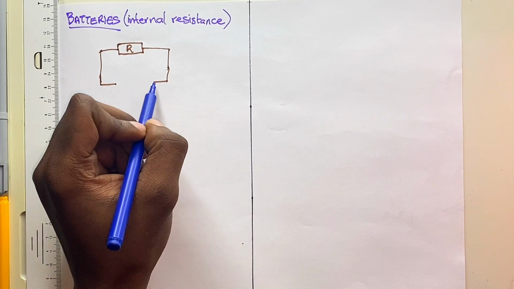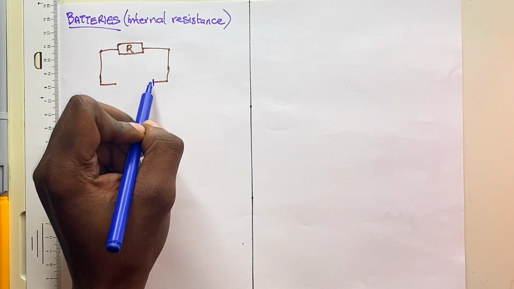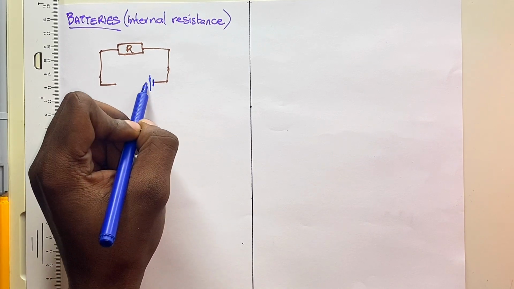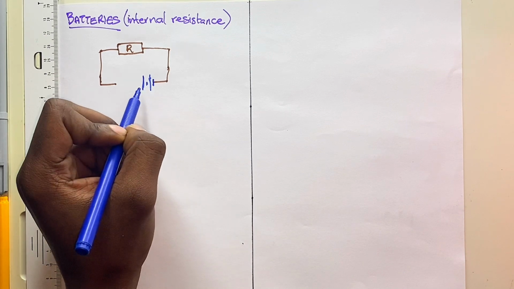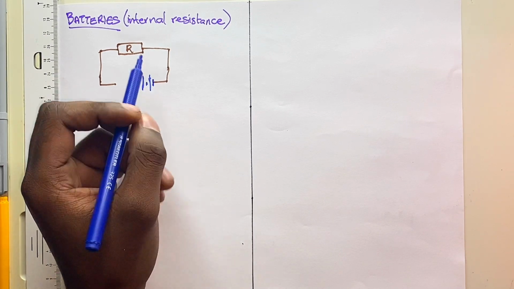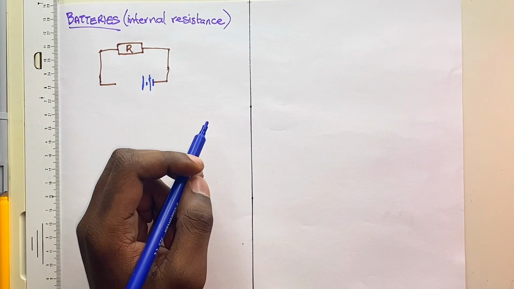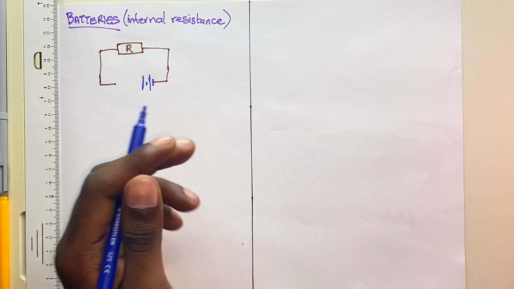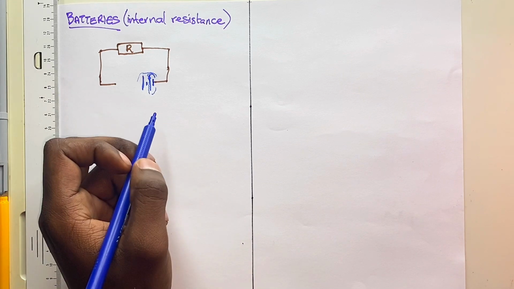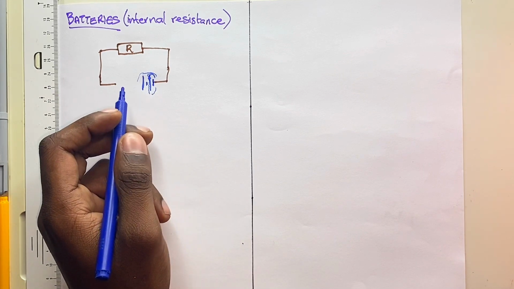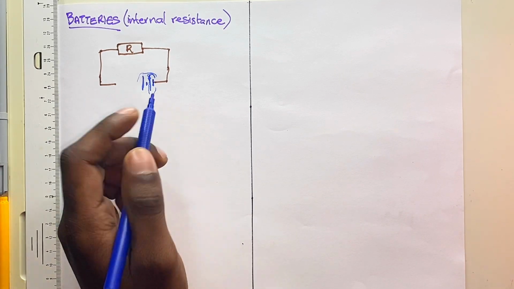In this, I will draw two cells. That's one cell, and that will be my second cell. They consist of one or more cells, each containing an anode, a cathode, and an electrolyte. A battery can have one cell or more cells, and each one will have an anode and a cathode.